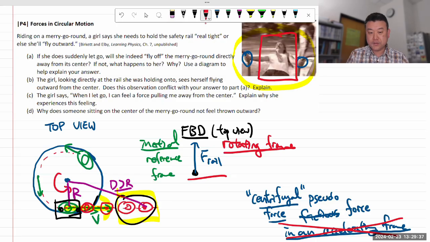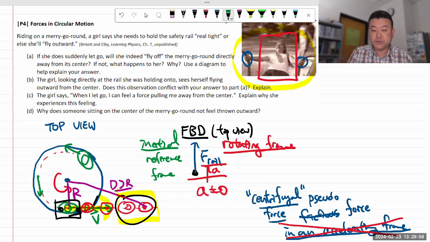Now, as you look at it, you can clearly see that acceleration is not zero. If anything, you have an inward acceleration that goes with your net force coming from the force of the rail. How, you might ask, when she's staying in place on the merry-go-round? She's not moving inward. How is she accelerating inward?